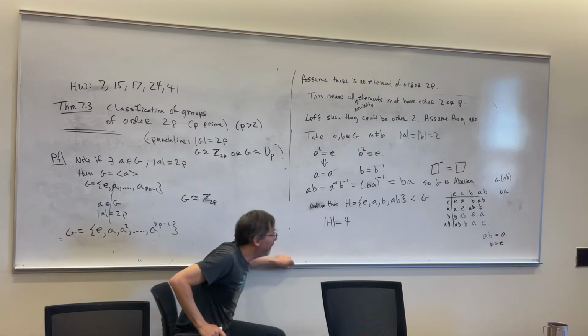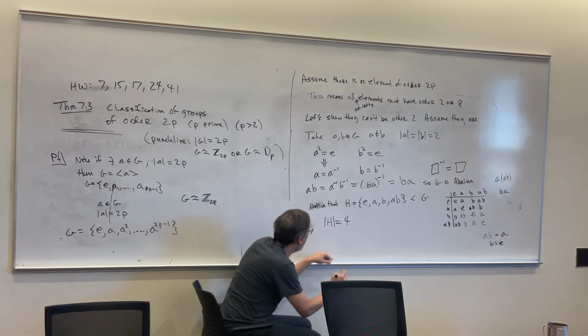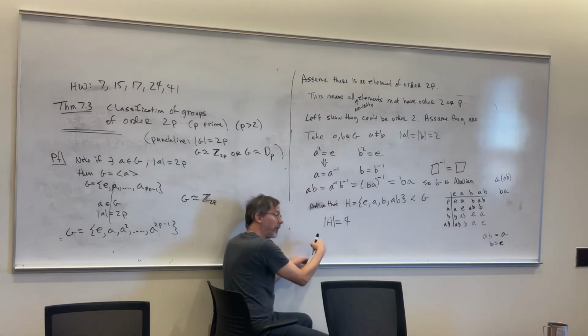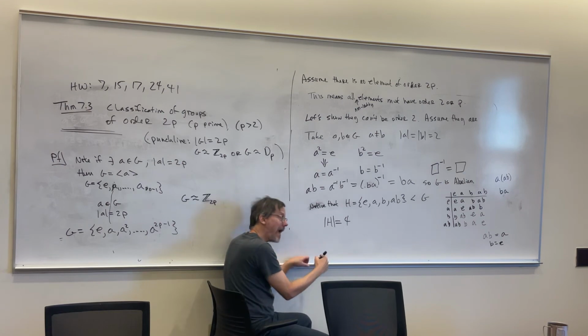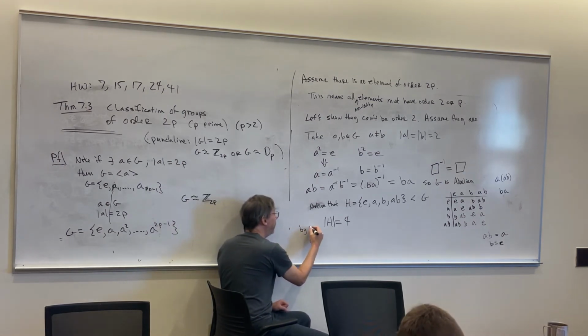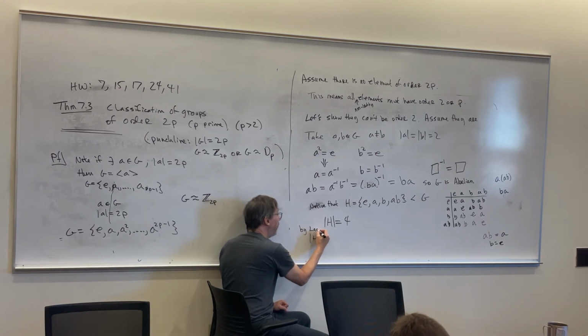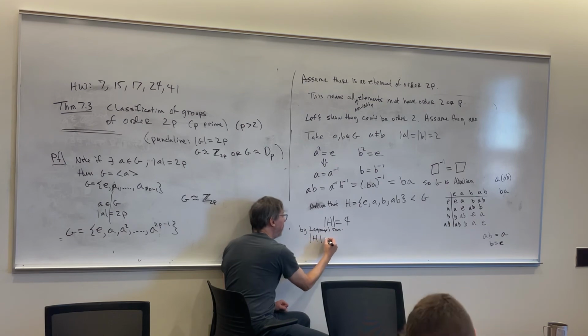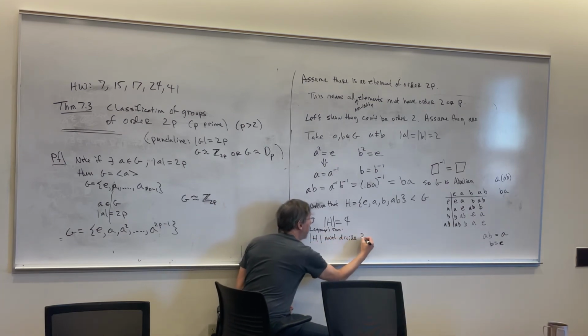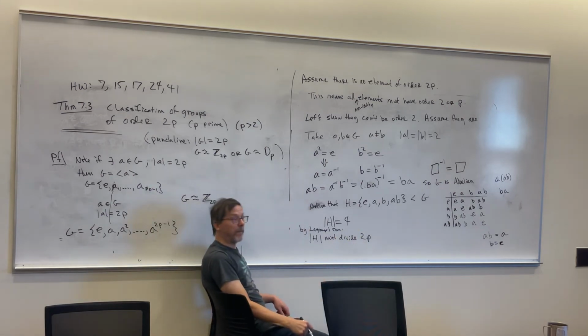So that's good, because what has to be true about a subgroup of a group and its order? Yeah, so by Lagrange's theorem, the order of H must divide the order of G, which is 2p.